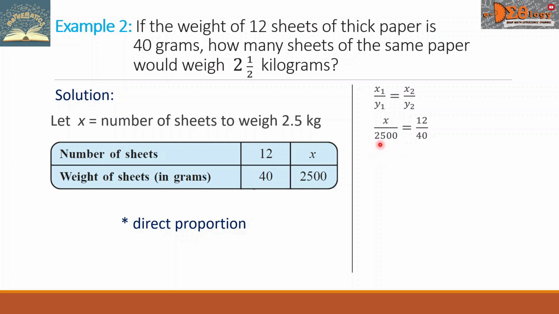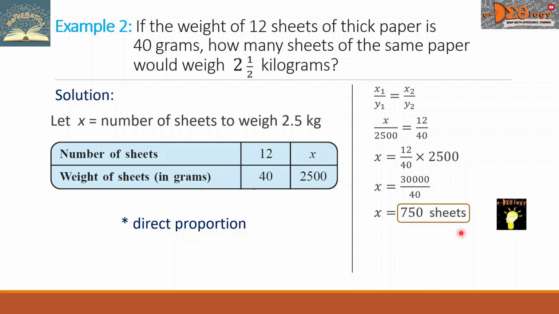We cross multiply this 2,500 to the right. We multiply this 2,500 by 12, so we have 30,000 divided by 40. Finally, x equals 750 sheets of paper. This is the answer. We can note the answer here.